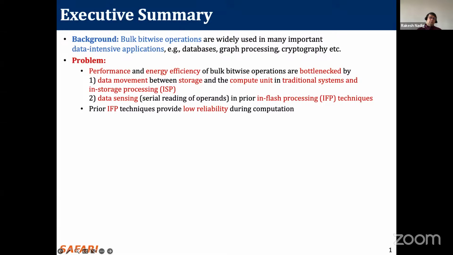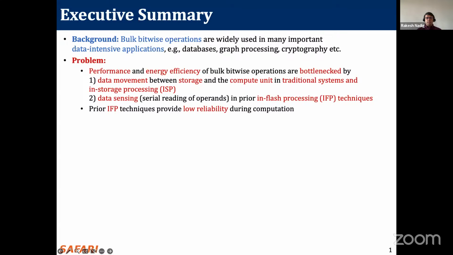If we look at some of the state-of-the-art approaches to bulk bitwise operation computation, we see that even when the computation is moved to, let's say, a storage system, the data sensing, or reading the operands one by one, is a bottleneck for performance and efficiency. While data movement is a key bottleneck, there is also another aspect, which is the reliability of these operations.